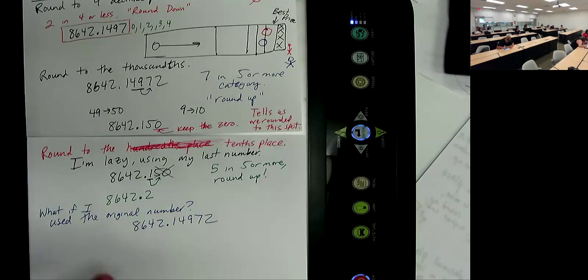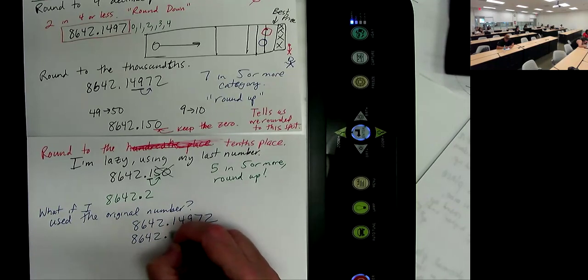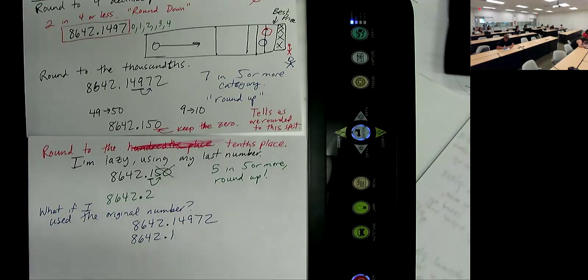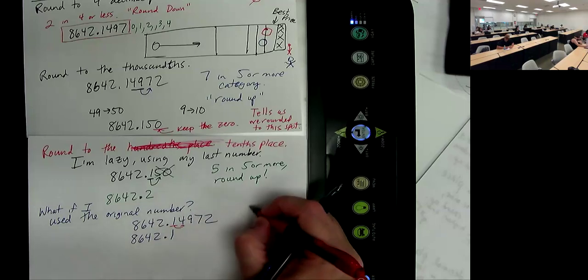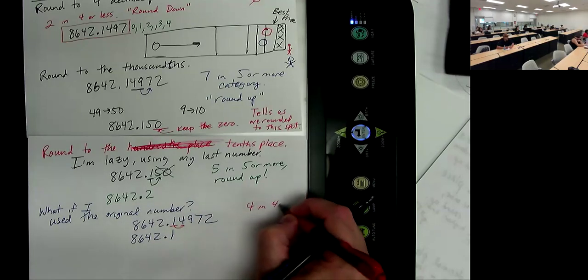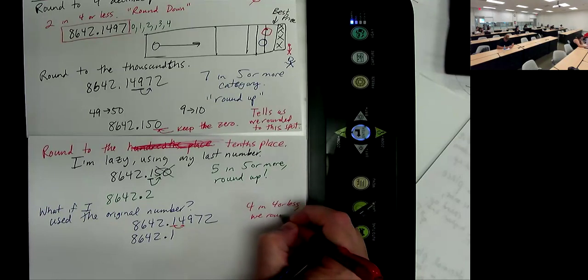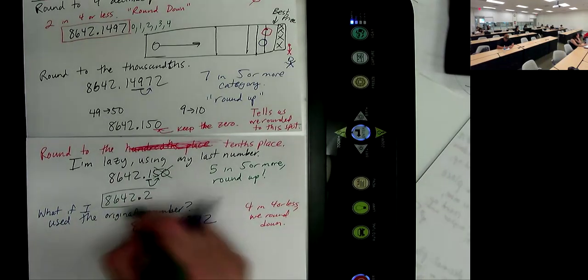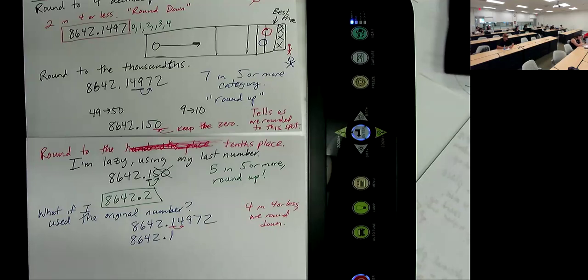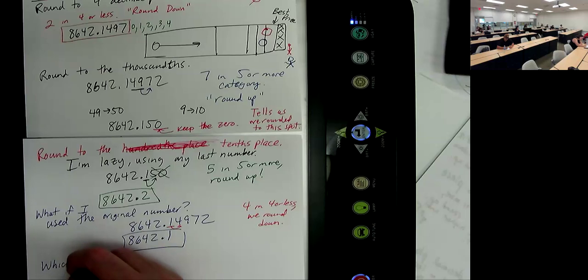You get a 1 in that spot, right? Because we look at the 1, that's what we're rounding to. The number to the right is 4, 4 is in 4 or less. We round down. So here I got this, and here I got this, which one is right? They're different.